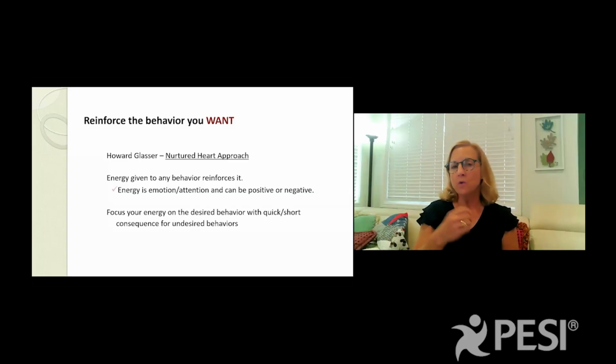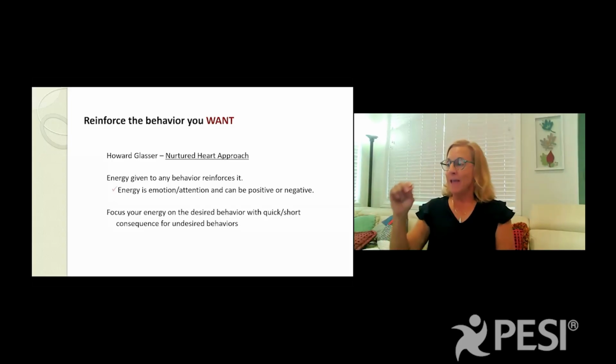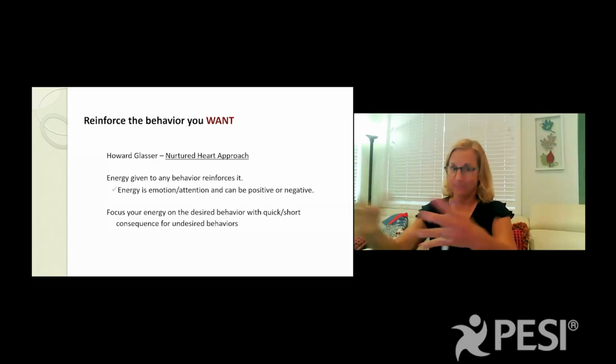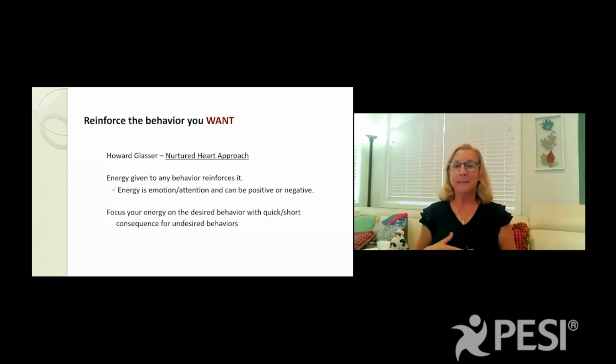And when they do what you want them to do, be very excited and give it lots of energy. So the challenge is controlling your own emotional responses when you're mad and giving less energy externally to the child than when they make the right choice.